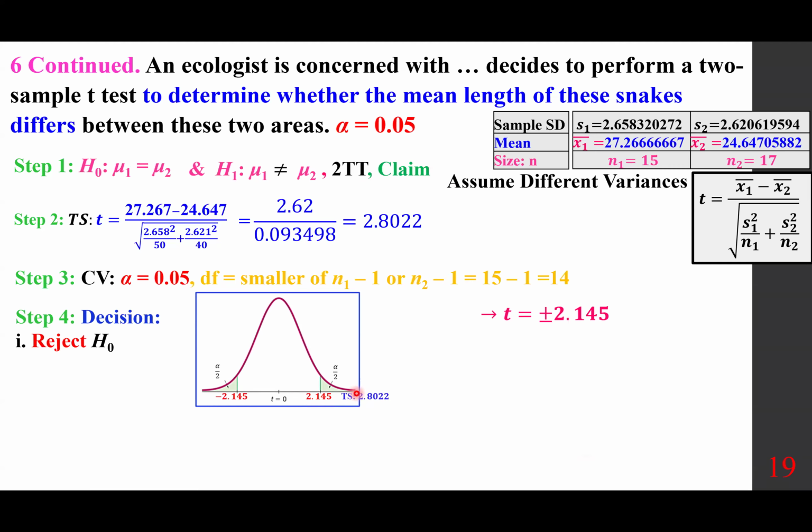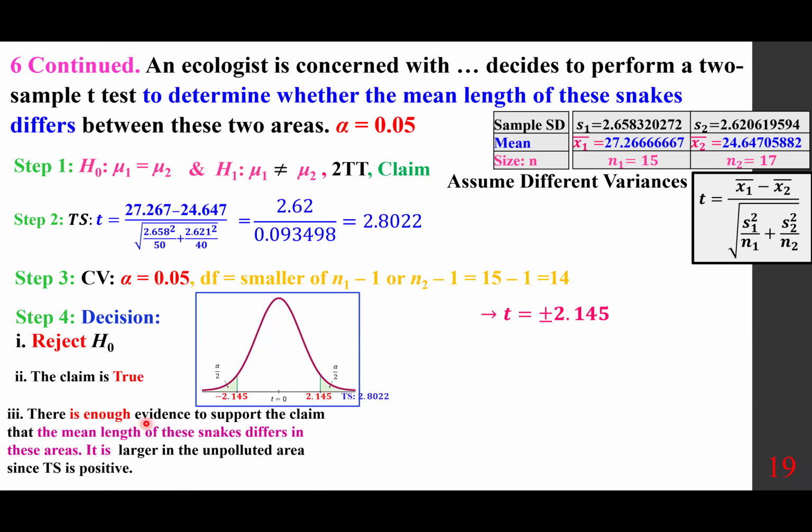Loosely put, I'm not rejecting H1, I'm accepting H1, accepting that the claim is true. And restate: there is sufficient evidence to support the claim that the mean length of these snakes differs in these areas. It is larger in unpolluted areas since the test statistic is positive.